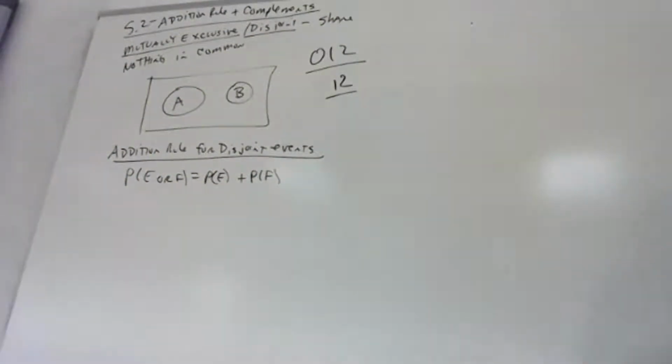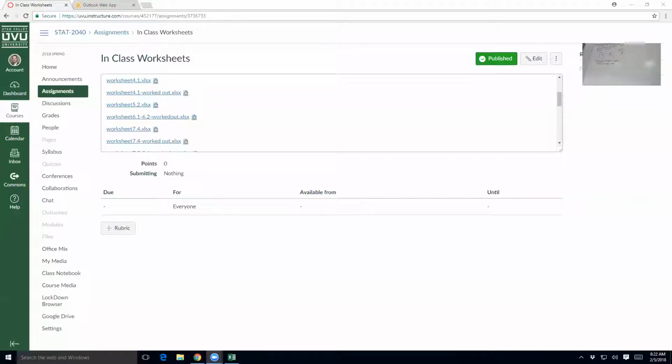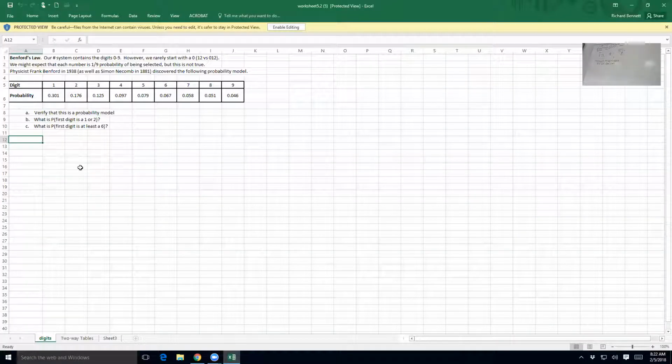Usually you'd write that as 12. So 0 is usually not the first number. One of the things Frank Benford discovered was that the number 1 appears about 30% of the time, the number 2 is 17% of the time, etc. And 9 is least likely to happen. So they're not equally likely.